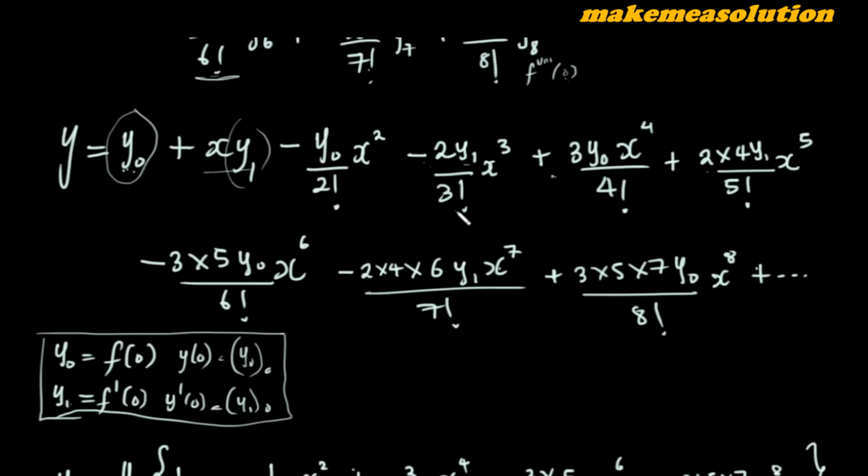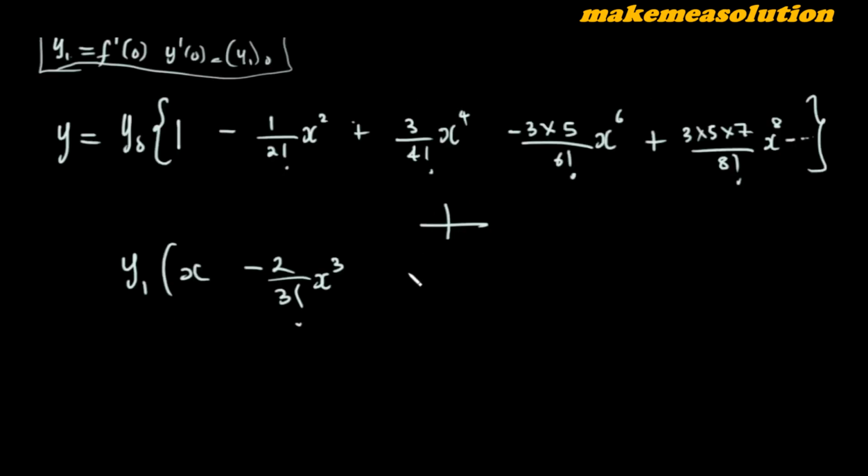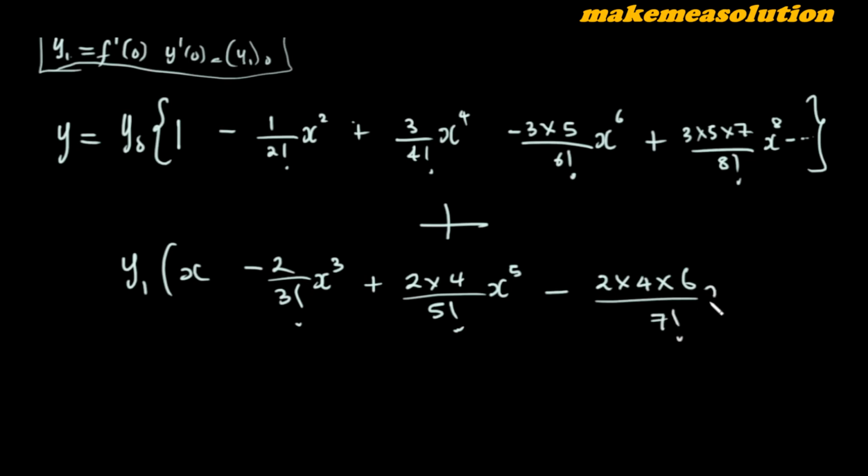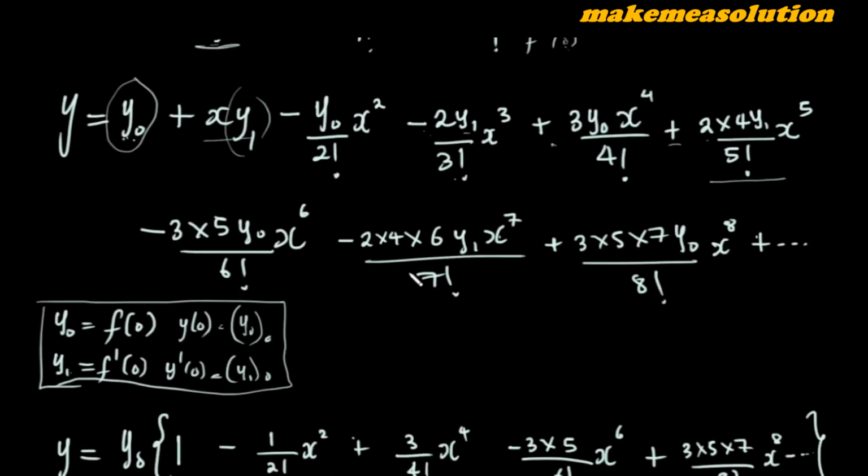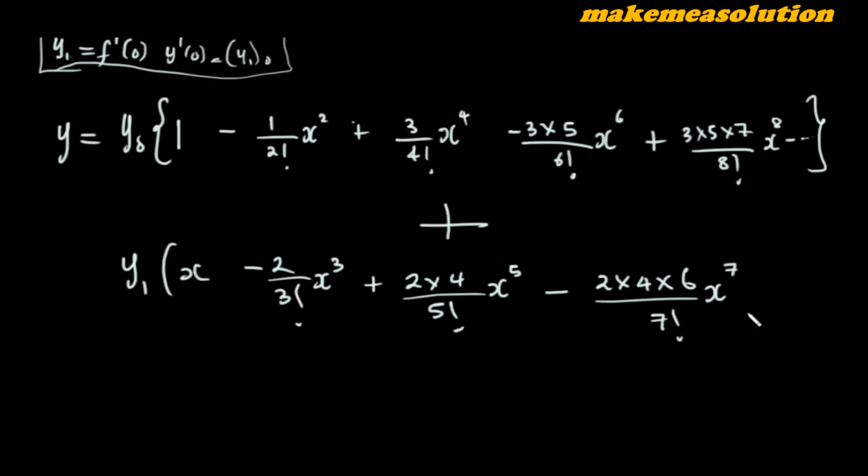Then the next term in y1 is plus 2 times 4 over 5 factorial x5. I can guess the next term will be minus 2 times 4 times 6 all over what? Very good. 7 factorial, then x to the 7, as you can see over here. Then plus dot dot dot. So this is how it goes.